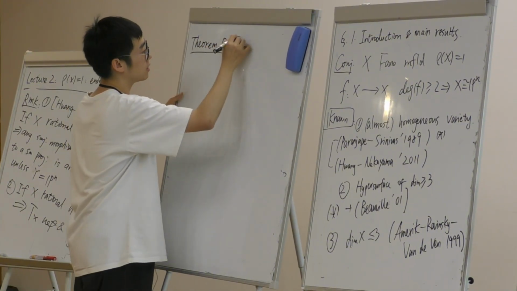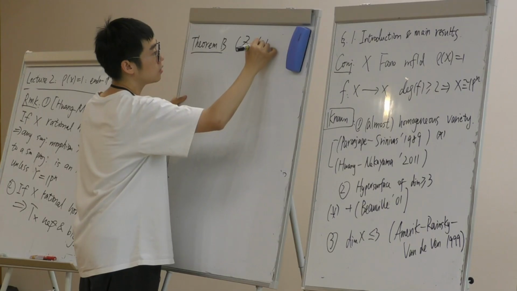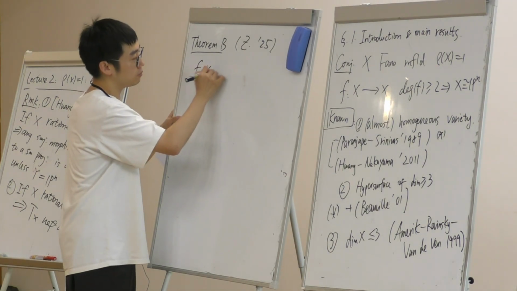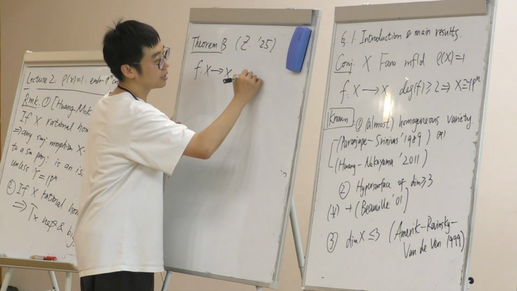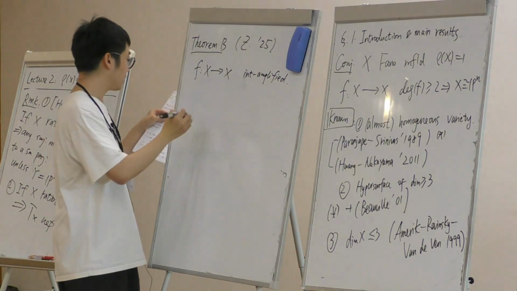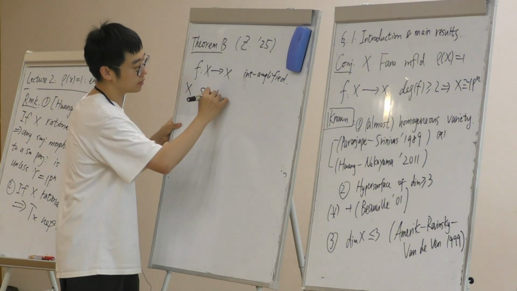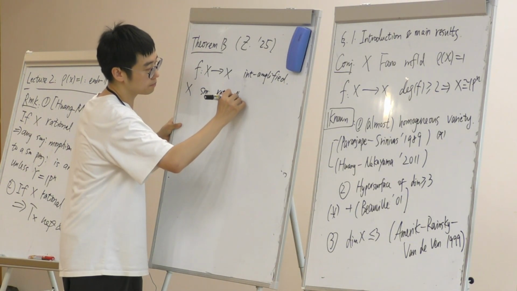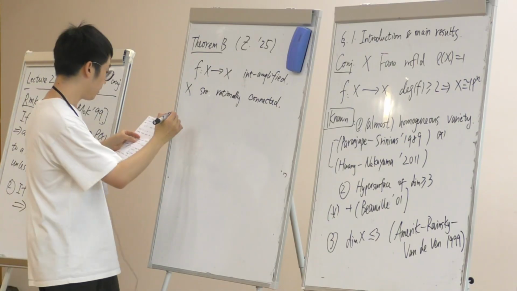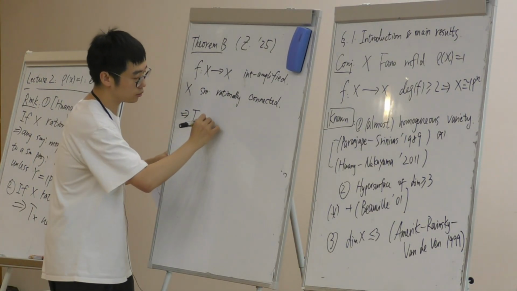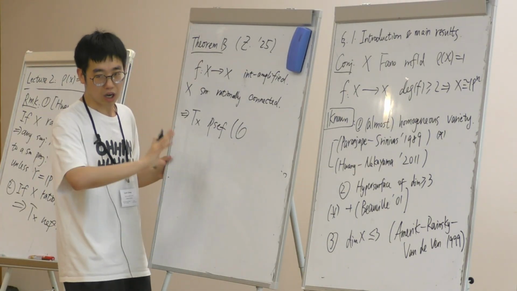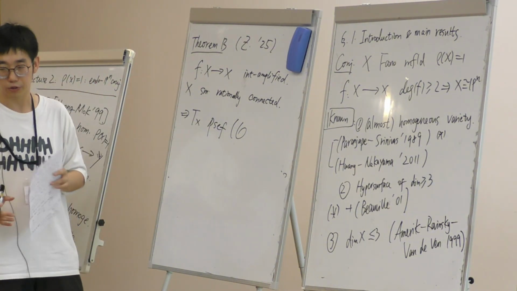Let me explain another theorem, maybe due to myself. If we consider an int-amplified endomorphism such that X is smooth rationally connected, then its tangent bundle is pseudo-effective. This is slightly stronger than the usual pseudo-effectivity.